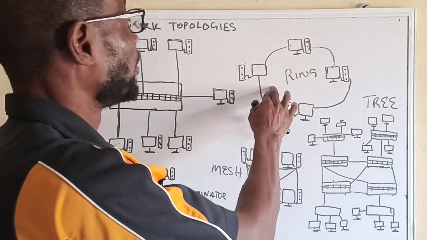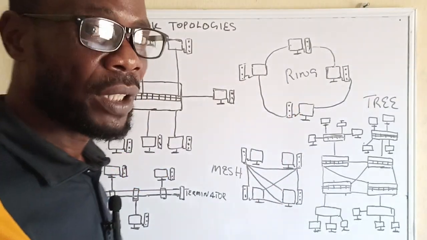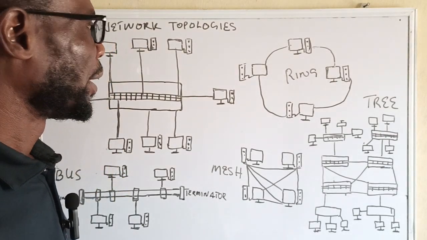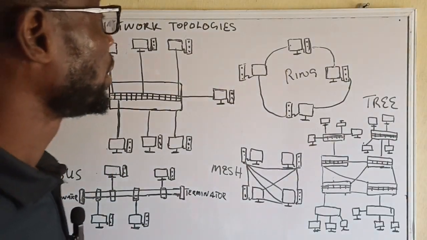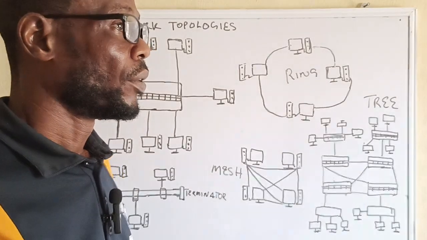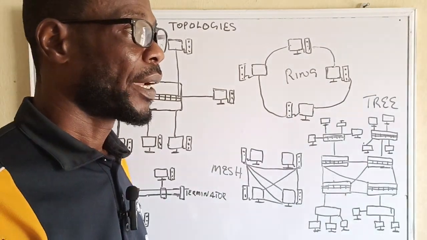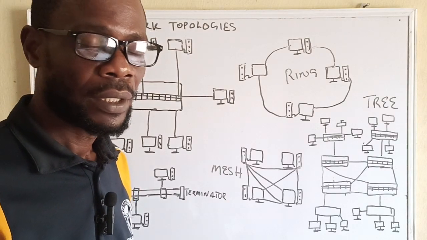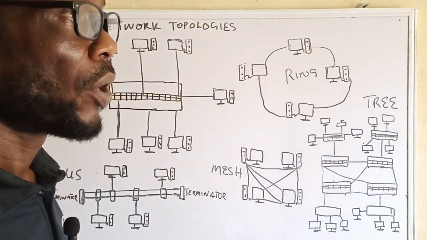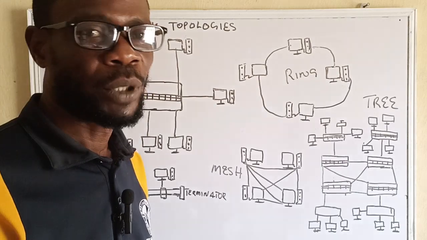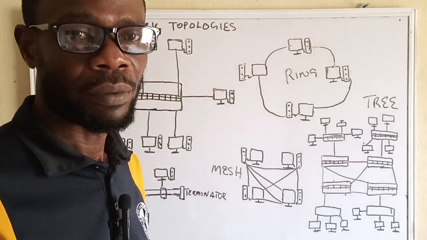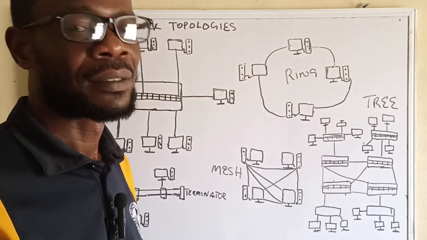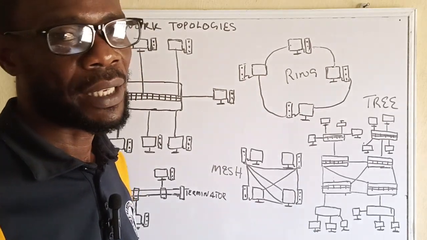This is ring, ring topology. In a ring topology, the ring uses cables like coaxial cable or STP cable, that's shielded twisted pair cable, which uses RJ45 as connector at both ends.